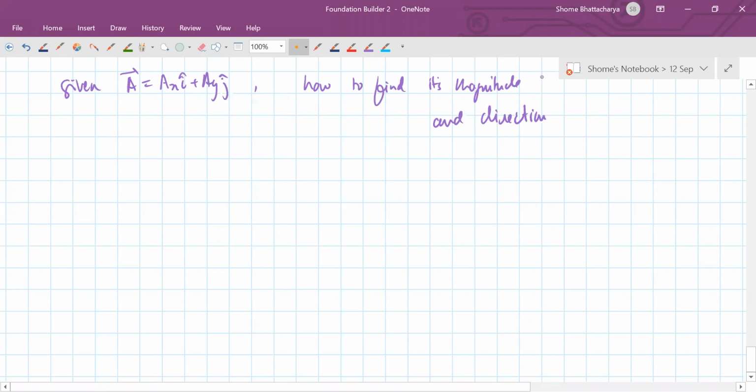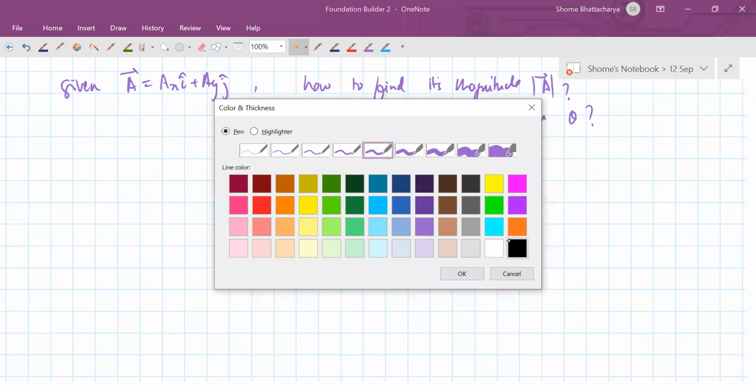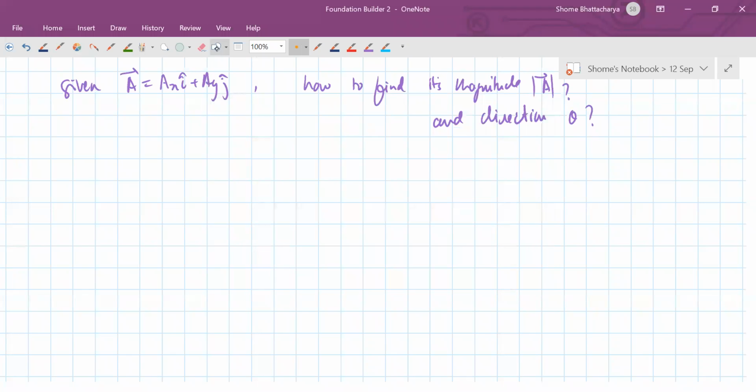So by magnitude we mean magnitude mod of A and direction theta with respect to x-axis. So this is like a reverse of that. In the previous thing we saw that if we know the vector geometrically, that is we can draw it in the xy plane, then how to write it in component form. Now we are seeing the reverse of that.